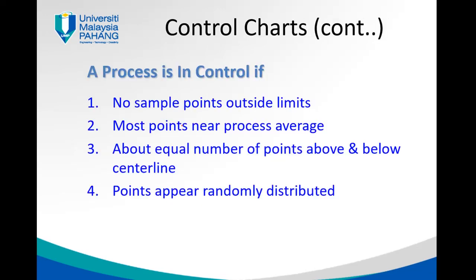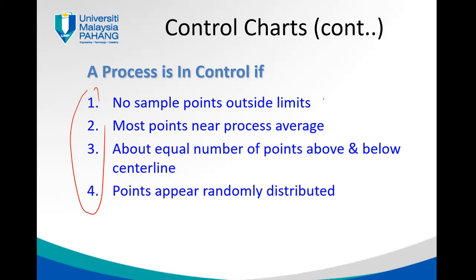In order to summarize whether the process is within the control or out of the control, we need to assess these 4 criteria. First, no samples outside the limit.